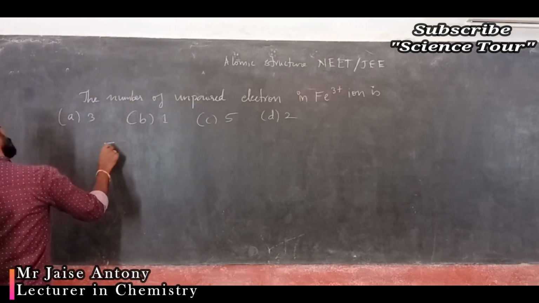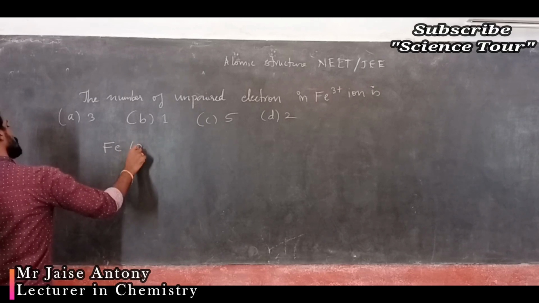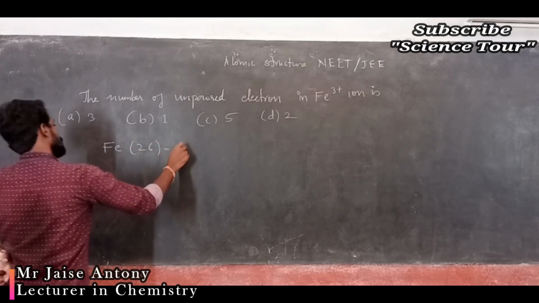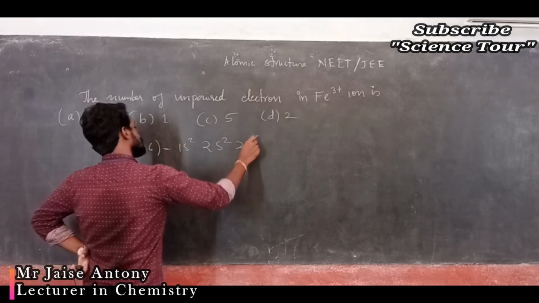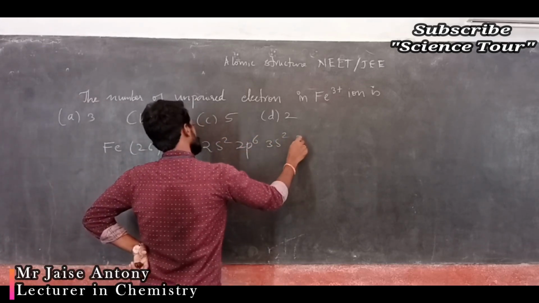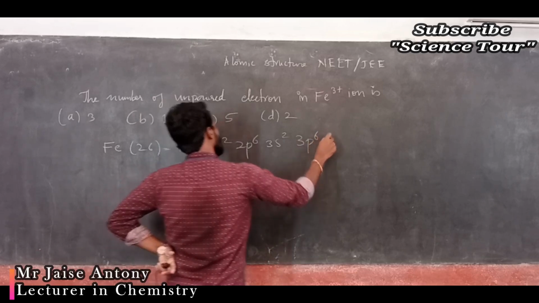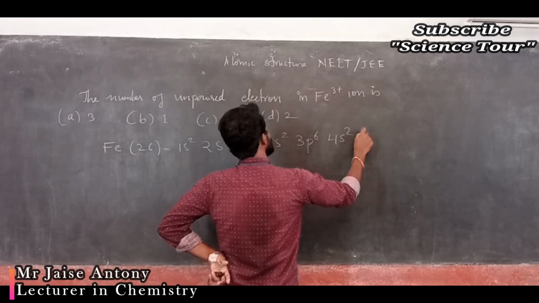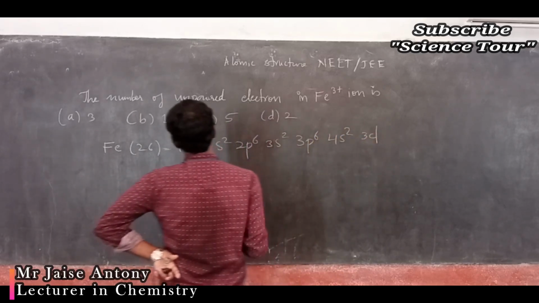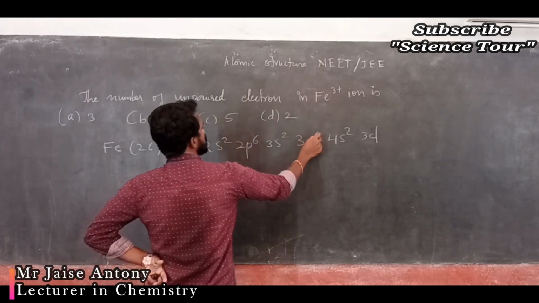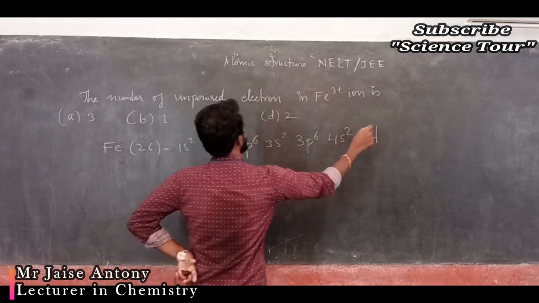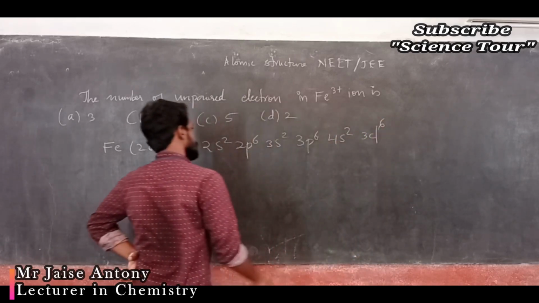My dear students, the atomic number of Fe is 26. I can write 1s2, 2s2, 2p6, 3s2, 3p6, and 4s2, 3d6. Check: 2, 4, 10, 12, 18, 20, 26. Correct?